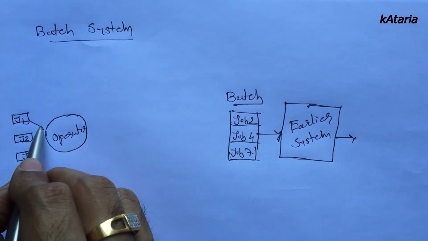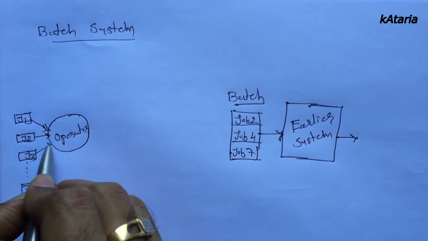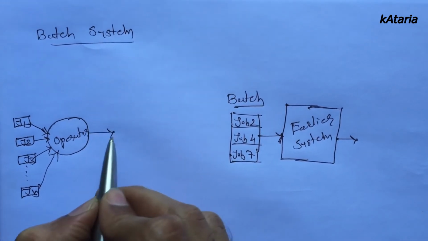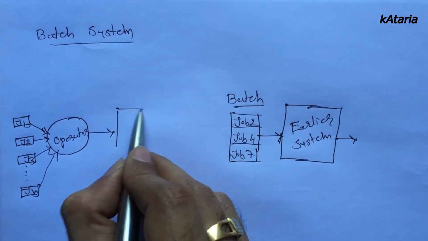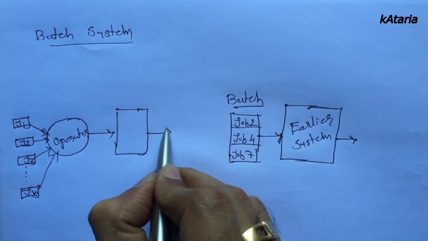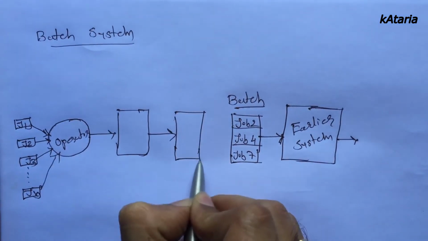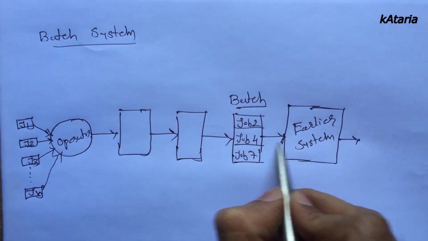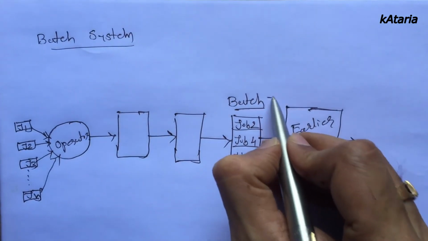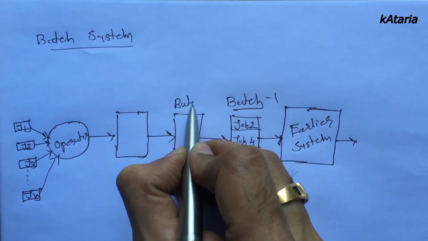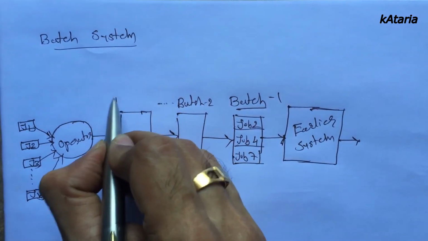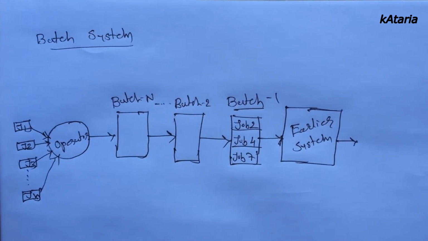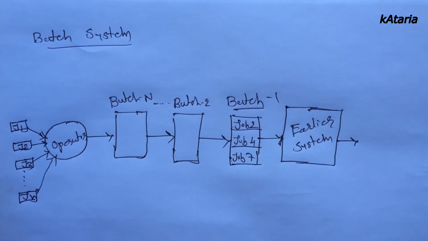The operator will collect these jobs and make a number of batches from them. And these batches work as the input for the earlier system. Suppose this is batch 1, this is batch 2, up to batch n. Now the question is, which job will be put in which batch?